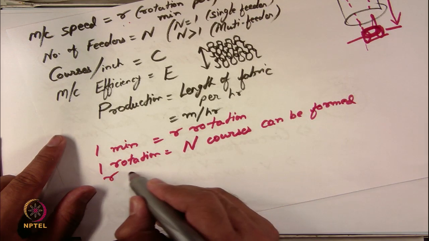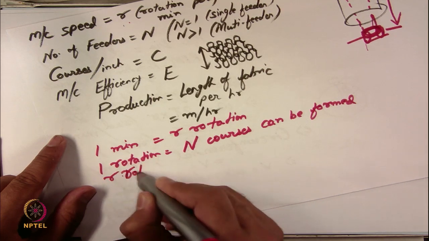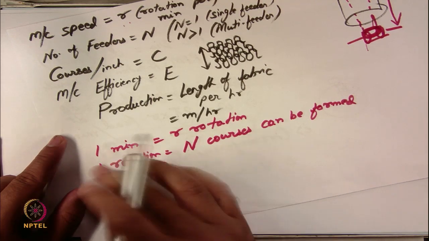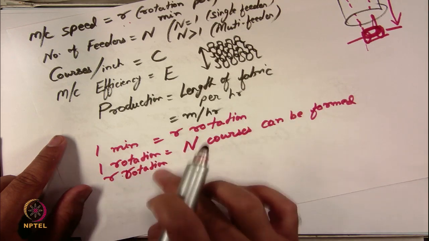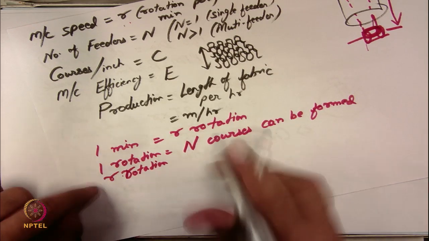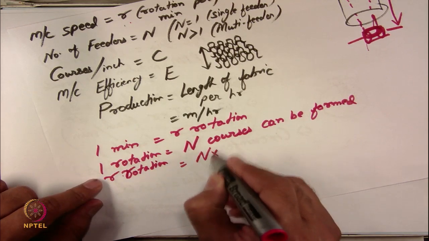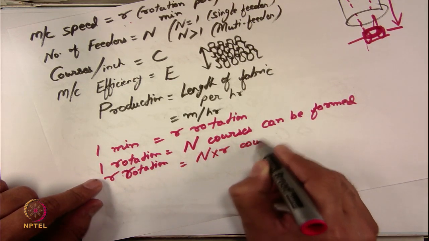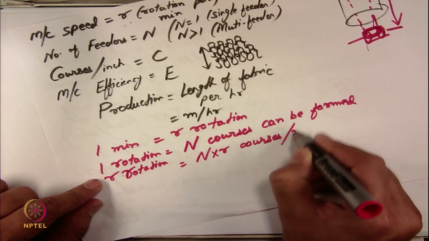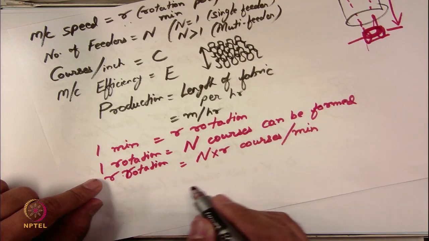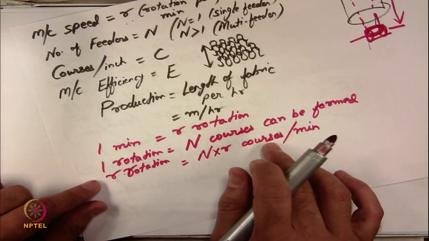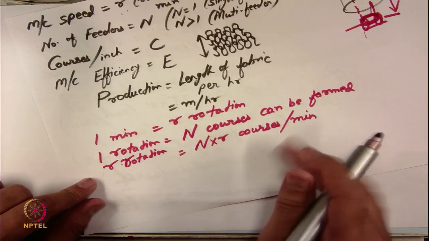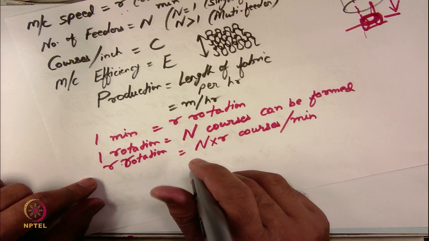So, in r rotations, because in 1 minute r rotations are happening, it means n into r courses are formed per minute. So, in 1 minute n into r courses have been formed. You can find out how many courses can be formed in an hour.